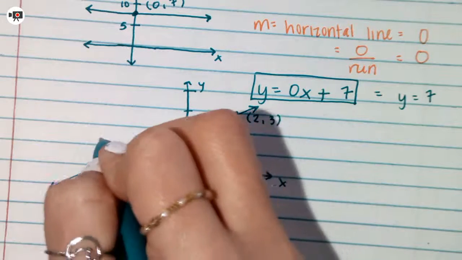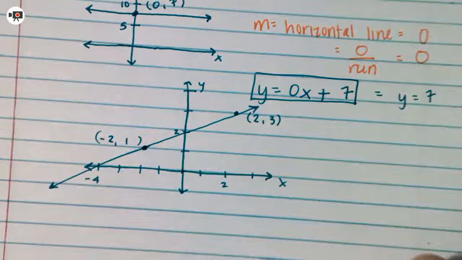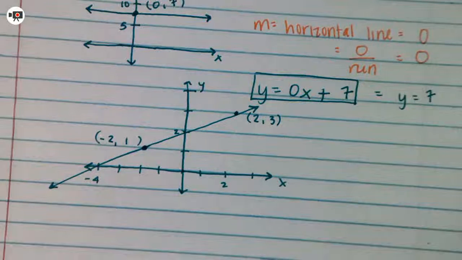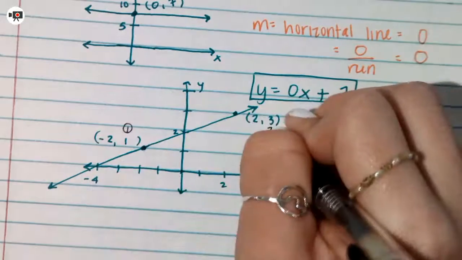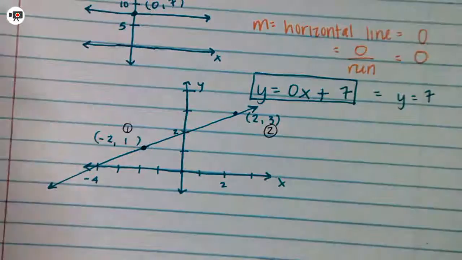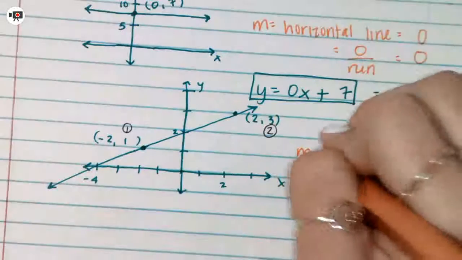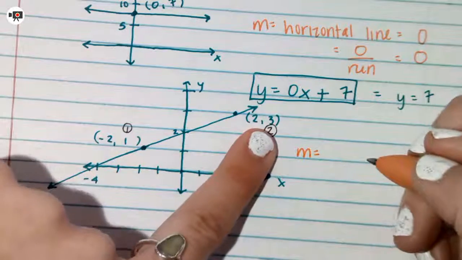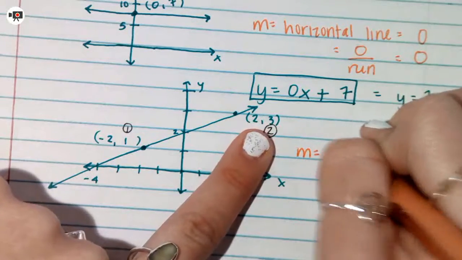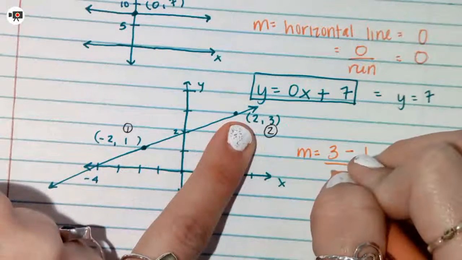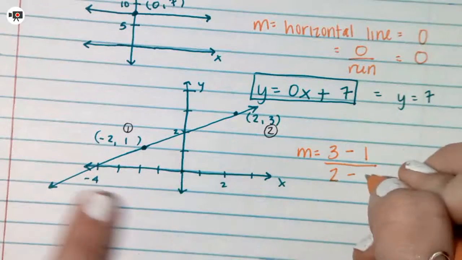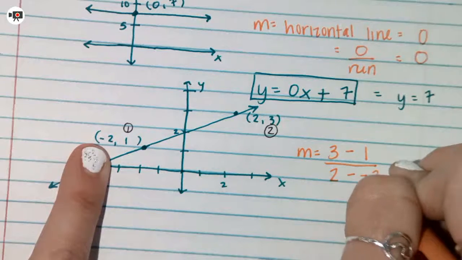This is the point negative 2, 1. Now to find my slope, reading from left to right, I have point 1 and point 2. So this is going to be m equals my y from point 2, which is 3, minus my y from point 1, over x from point 2 minus x from point 1.